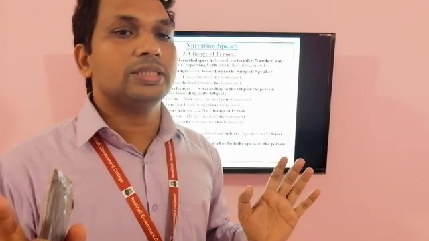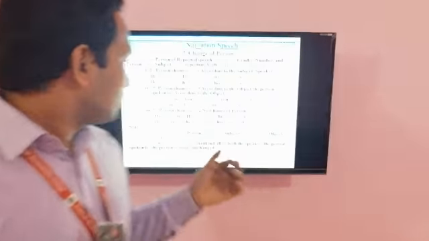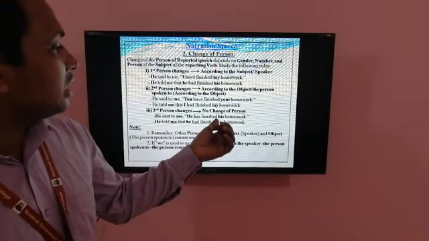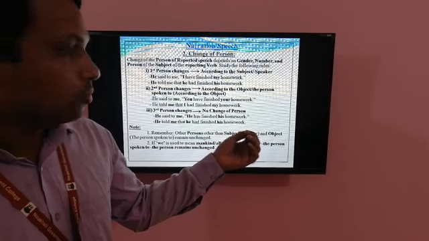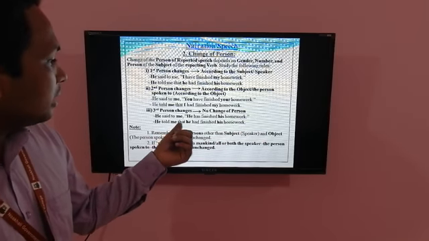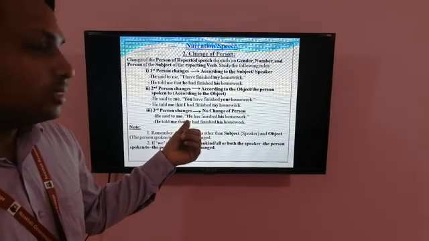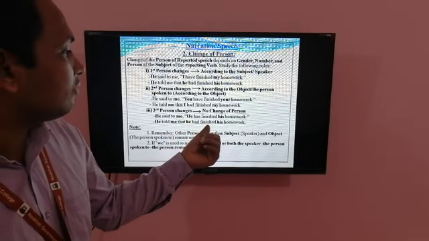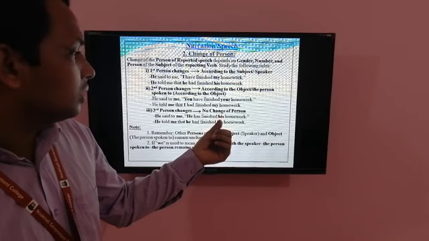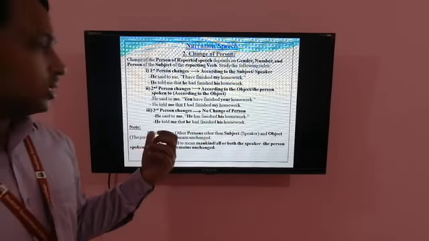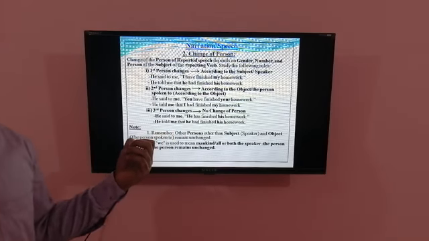They will stay as they are. Look at the example. "He said to me, he has finished his homework." He told me that he had finished his homework. The first "he" is unchanged here, and the "he" and "his" are also unchanged. Alright, so a notice here. Let's see what is written there.